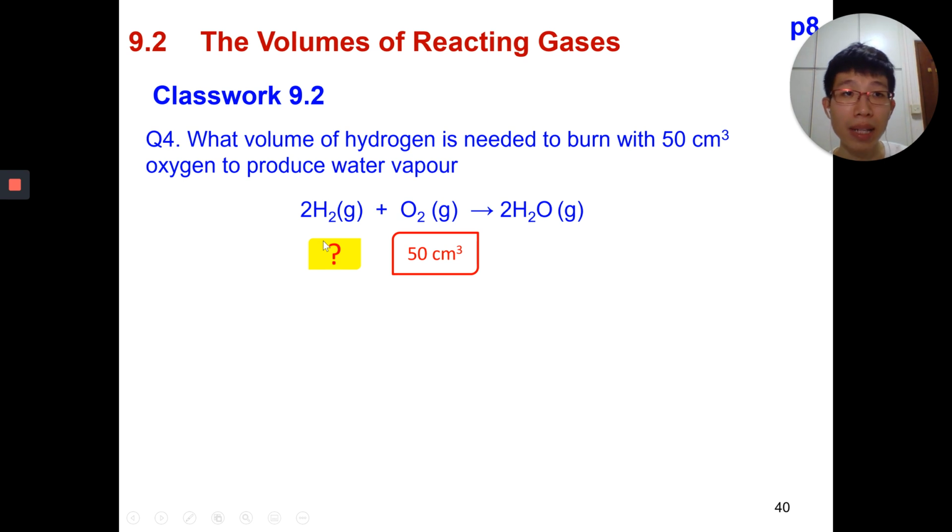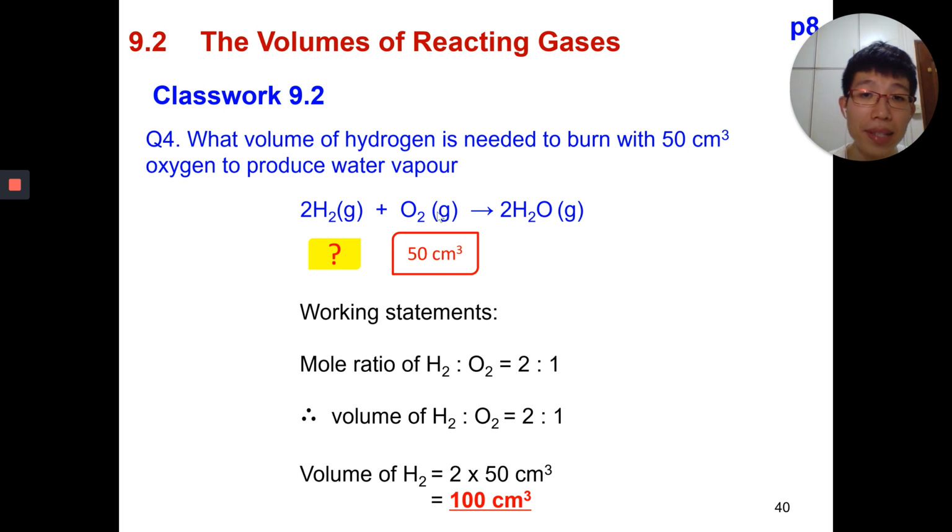It's like a recipe: in order to react with 50 cm cube of oxygen, how much hydrogen gas do I need to use? The working statement, first step, the mole ratio of hydrogen gas to oxygen gas is 2:1, given by these chemical equations. So the volume ratio will be 2:1 as well. The volume of hydrogen gas used will be 2 times 50 cm cube. So 1 unit is 50 cm cube, 2 units will be 100 cm cube.